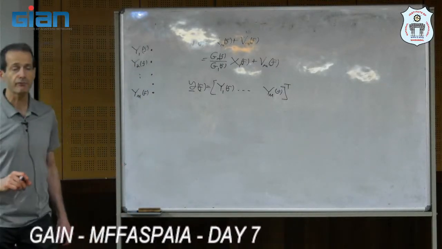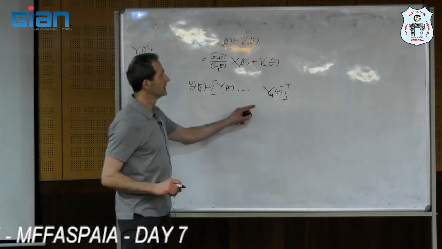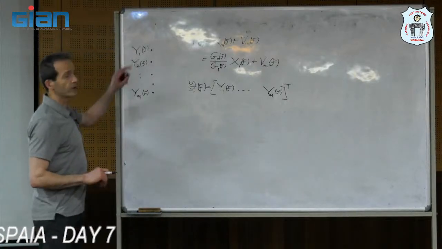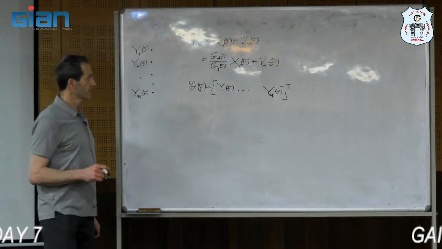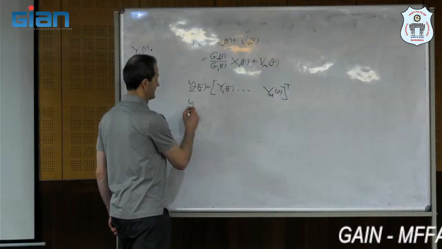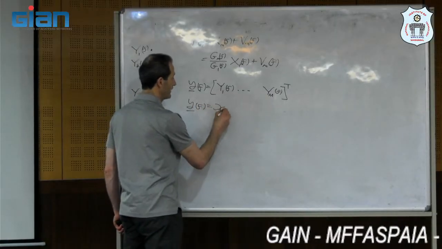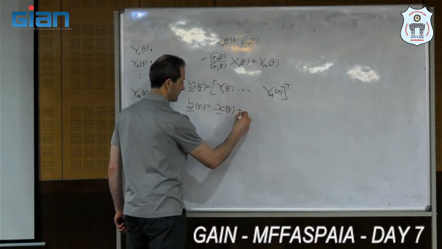So this is the vector of measurements for the frequency F. And from this vector of measurements, we want to estimate the desired signal in the reference channel, in the reference sensor. Okay? So we can write this as equal to a vector of M measurements.